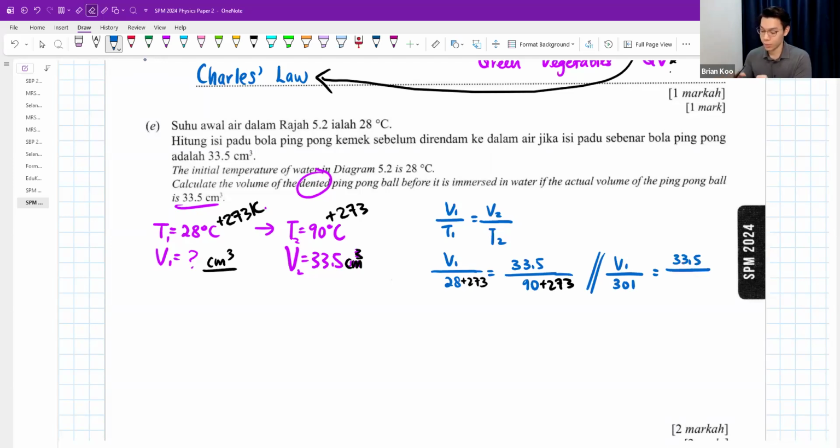Also, no problem. Okay, and so you will get 27.778. Be careful of the unit. Just now you used cm cube, now also it will be cm cube.